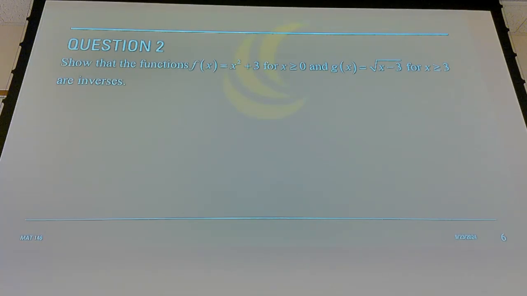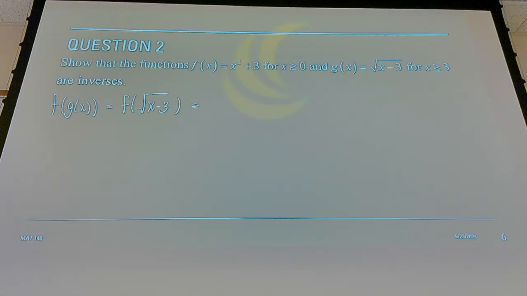Show that these functions are inverses. And notice the restricted domains. So look in the definition of f.